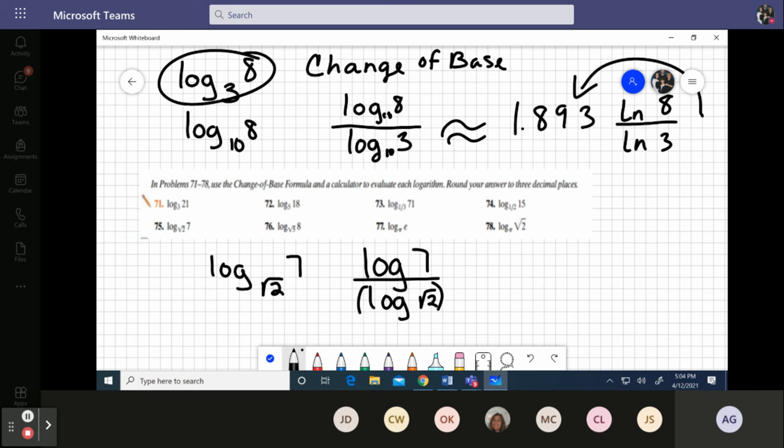And get your log 7, divided by button, open up parentheses, and close it. And this is more about using that calculator, so what we're working on is trying to get, that is 75, right? 5.615.